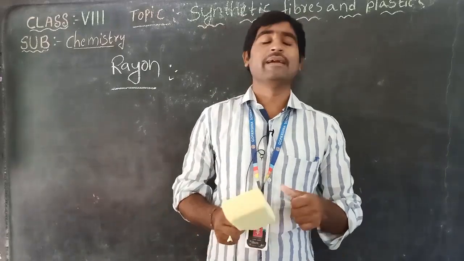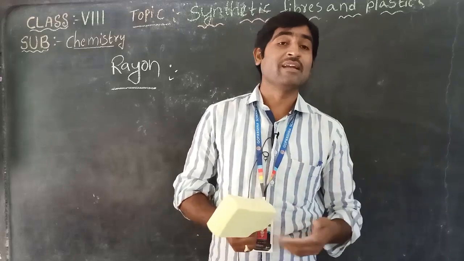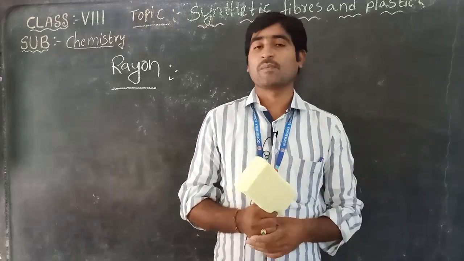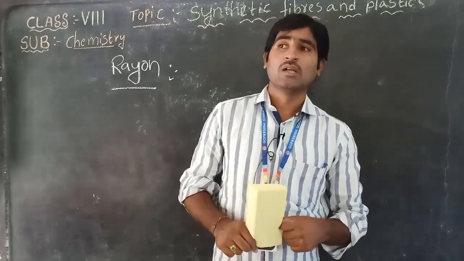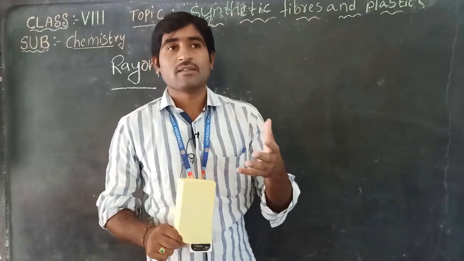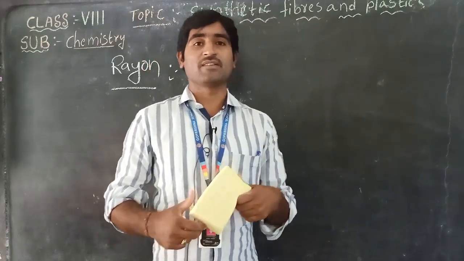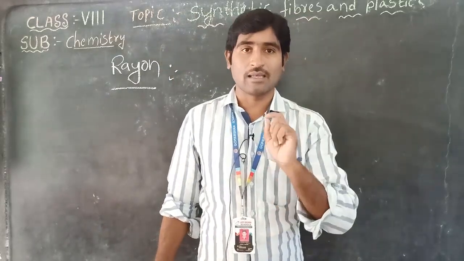Then scientists tried. We want to make it very cheap and make it available for each and every person. In that process, scientists did so many experiments on the invention of artificial silk cloth.